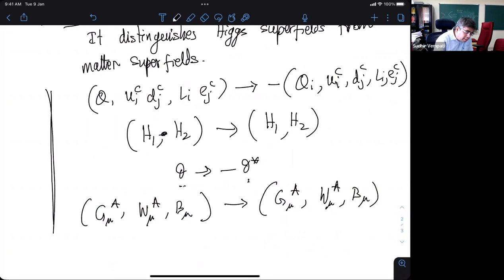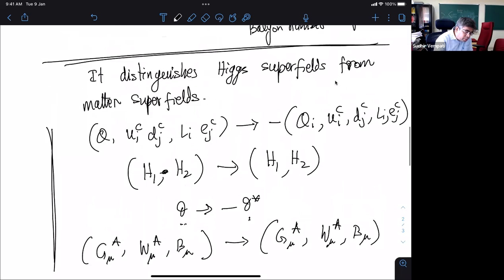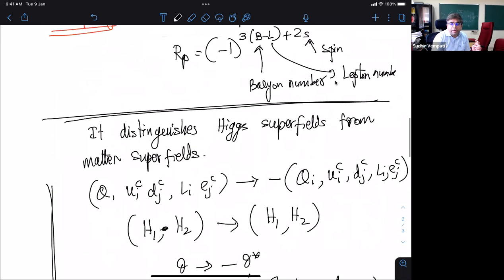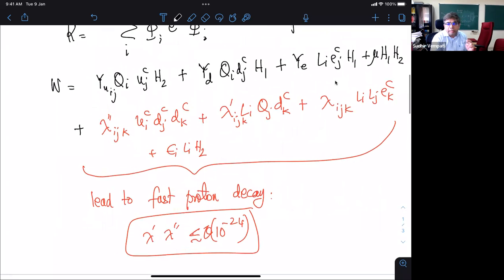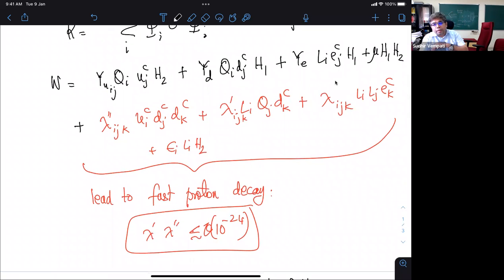Now you can see clearly. So wherever there are two matter fields in any term, that term is R parity invariant. Say for example, here the first two terms, these two, there are two matter fields, so this remains R parity invariant, this remains R parity invariant, this remains R parity invariant.